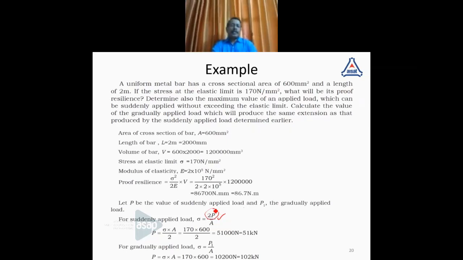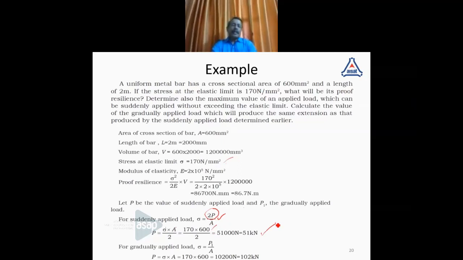If you consider it like this, we can determine P from the values of sigma and A which are available. Sigma is given as 170 and cross sectional area is given as 600. Using that, we can say 51 is the suddenly applied load.